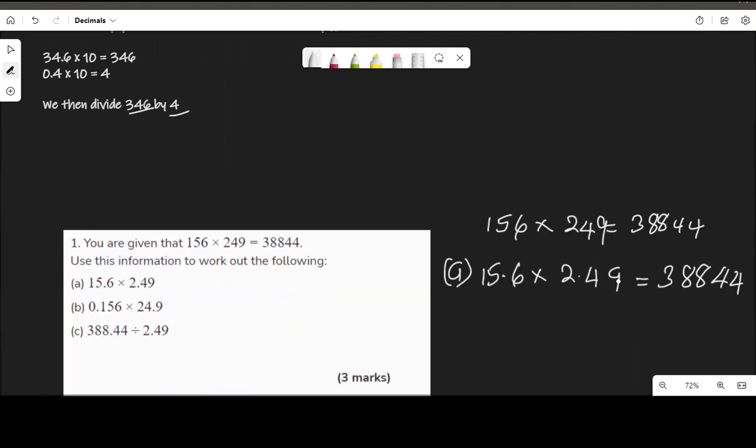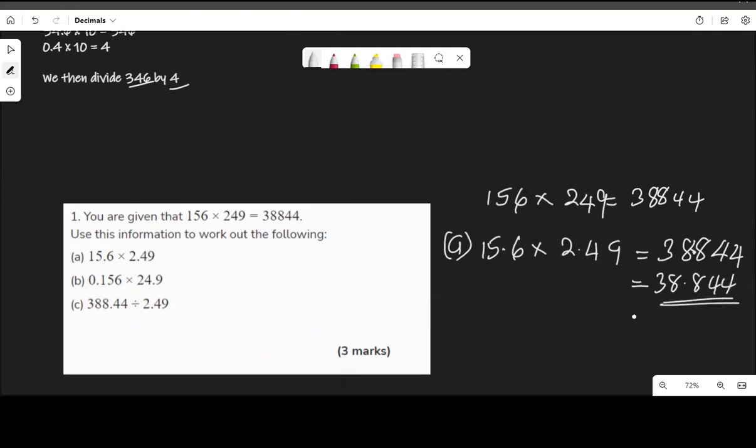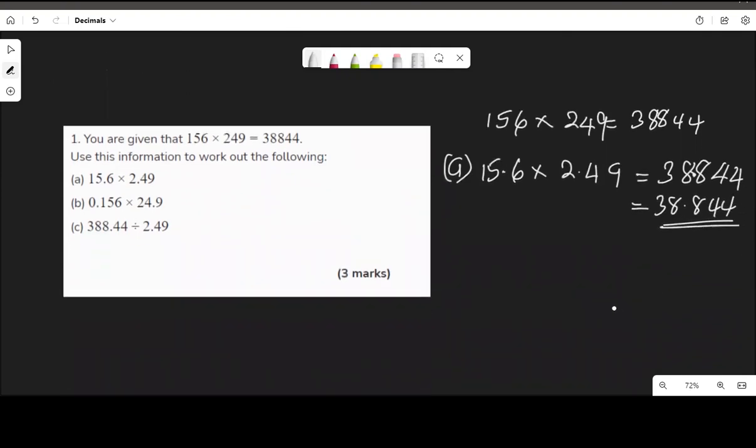So what is the number of decimal places? 1, 2, and 3. So I will count here 1, 2, and 3. So the answer will be 38.844. That is how to do this kind of operation without a calculator.